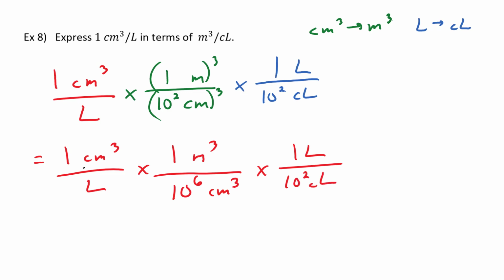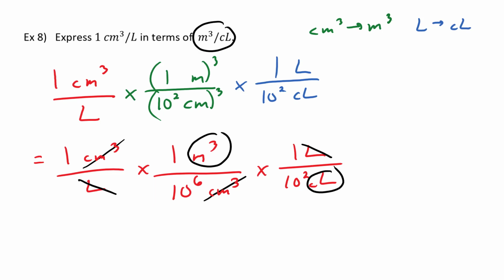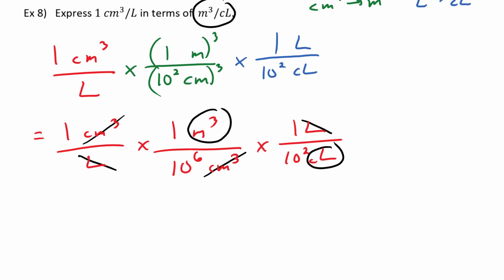Cancel out your units now. Centimeters cubed, liters, liters. I'm left with meters cubed per centiliter. This will give me 1 times 10 to the minus 6 times 10 to the minus 2 meters cubed per centiliter. Combine those together.